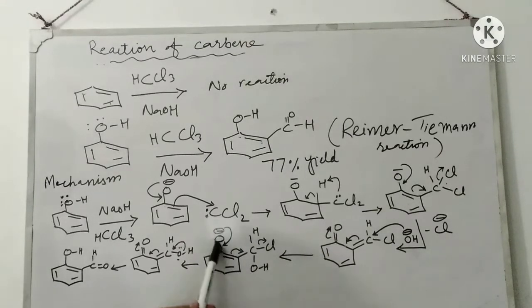Then the charge comes back, the double bond electrons shift, and the second chloride ion is removed. After that, this species is rearranged to form the aldehyde moiety. So this is a quite useful reaction, widely used to make ortho-substituted derivatives of phenol.